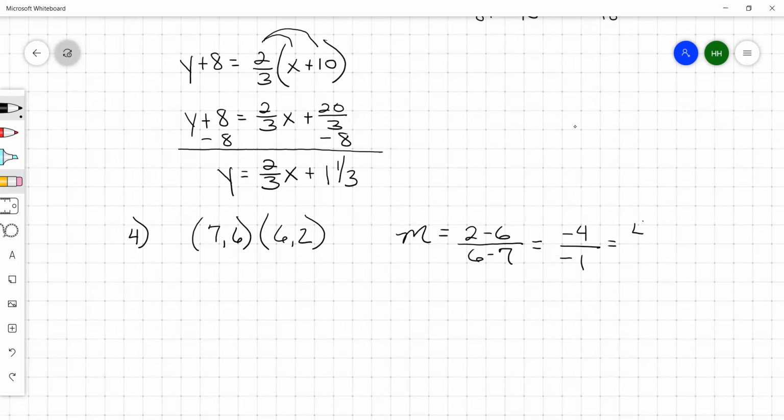Our slope is 4. Now, all of your answer choices use this point right here. And here's your slope. So we're writing this equation in point slope form. So that's y minus 6 equals 4 times x minus 7.